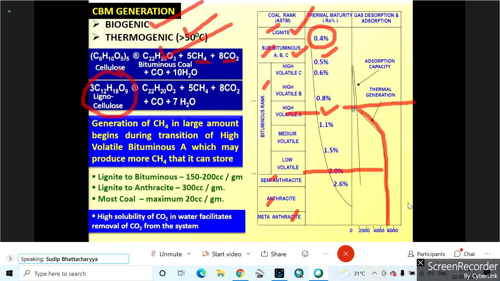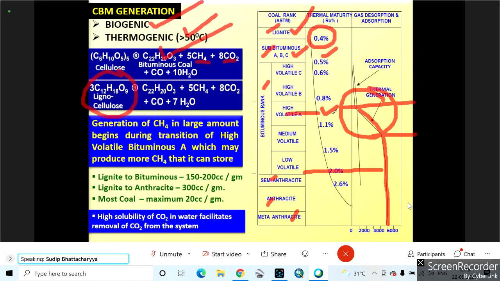Then there is a break at almost 0.8 or 0.9 reflectance, where your methane gas comes out faster, and this is the area with the maximum slope. So from 0.8 to 0.9 up to 1.1 or 1.2, this is the area where, from the reflectance, we can expect the maximum methane.